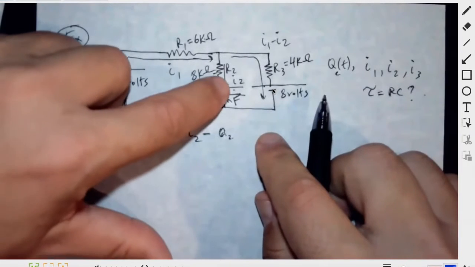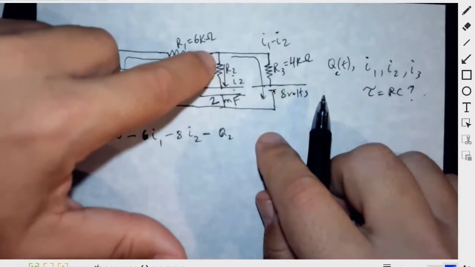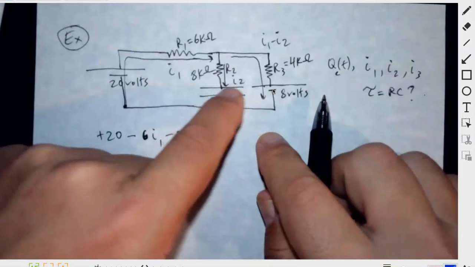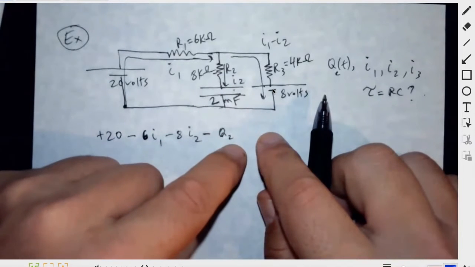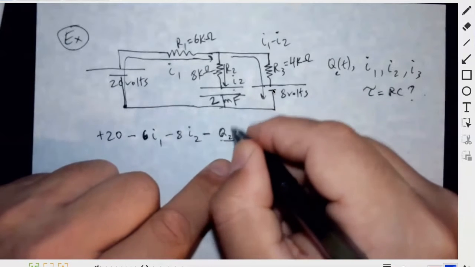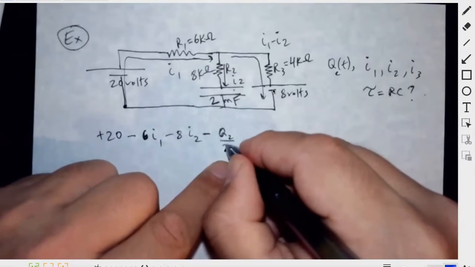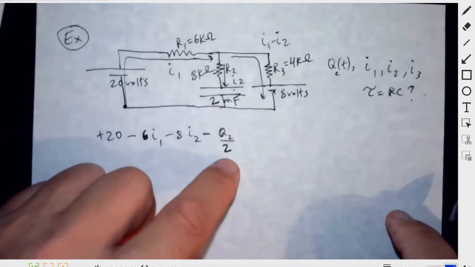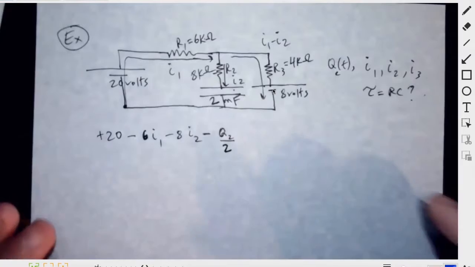So you see, the reason I call this one I2, the current going through here, is because I can just easily say the charge that builds here is Q2. You see, so then that makes it easy. Q2 over C, and C is 2 millifarads. But I'm going to just keep it as 2 and then deal with the milli later on.